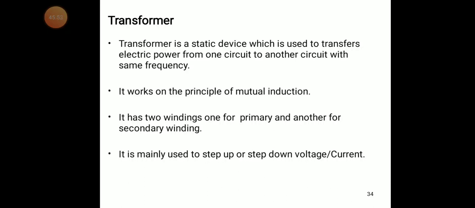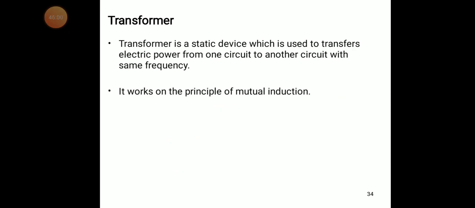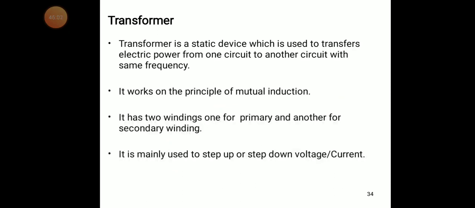It is mainly used to step up or step down the voltage and currents. This is the main concept of the transformer. We will discuss the transformer in detail in the next class.